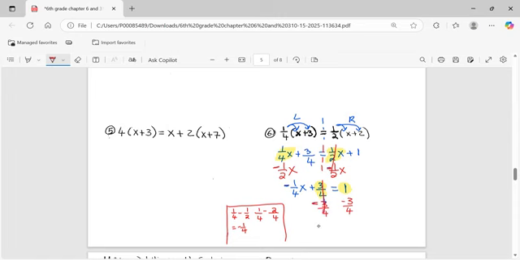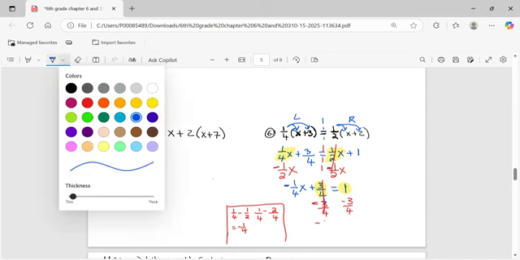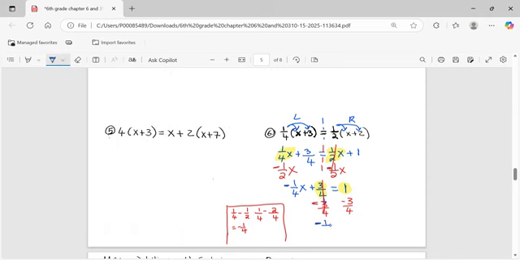That cancels that out. Now I have negative 1/4 x, and that's equal to 1 minus 3/4, which is going to give me 1/4.